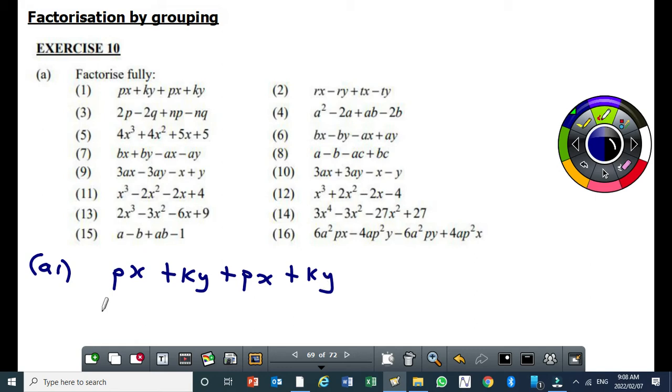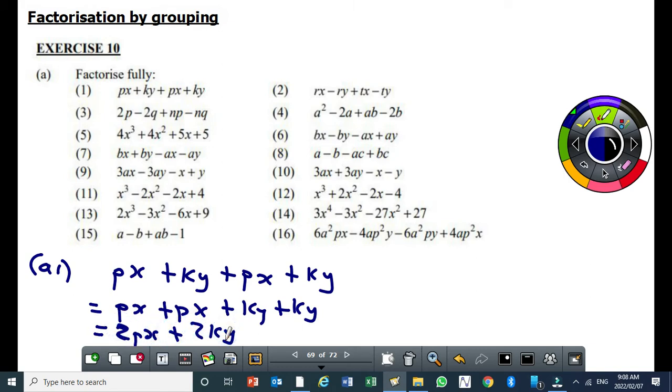So I can write this as px plus px. Okay? Now, I'm sure you can see that they are going to be like terms, plus ky plus ky. Okay? Now, you don't have to always rush to just factorize. Sometimes you just have to add the terms or subtract the terms. Since the first term and the second term are like terms, I can add them and I'll get 2px plus 2ky.